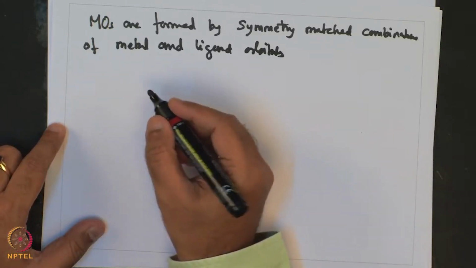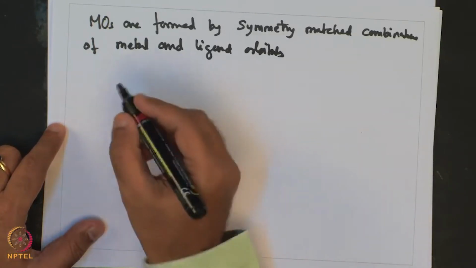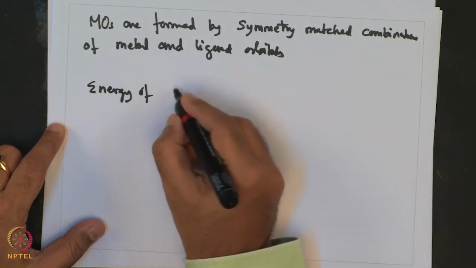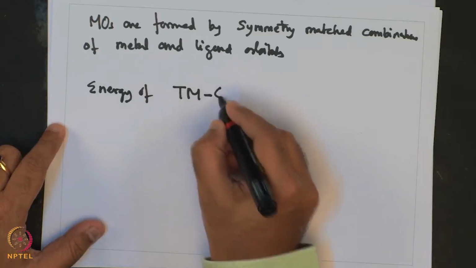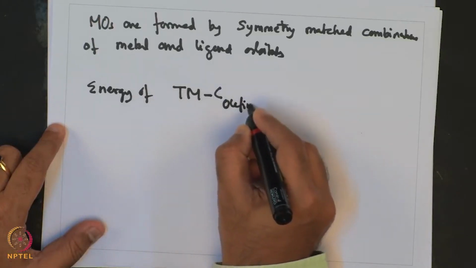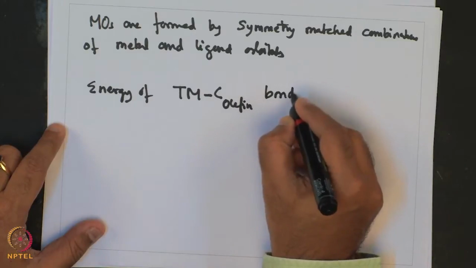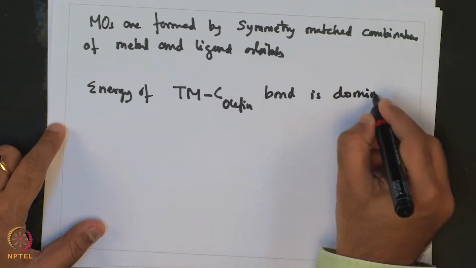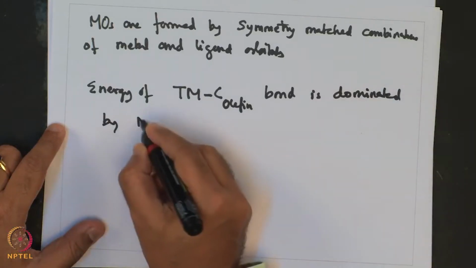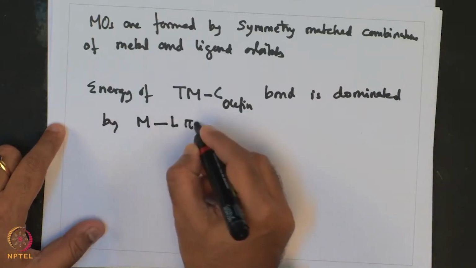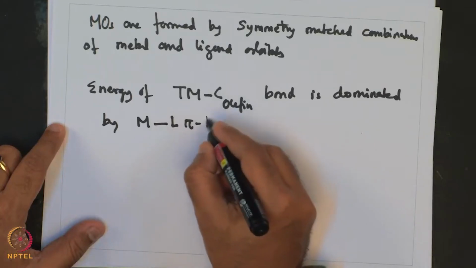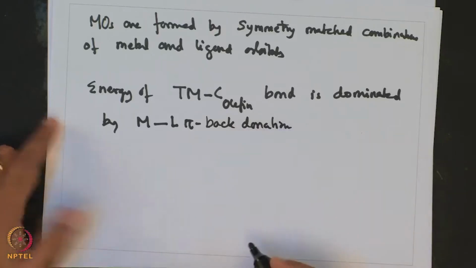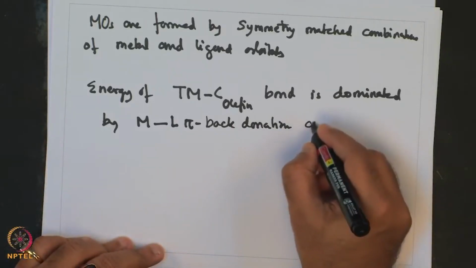So, the energy of the transition metal olefin bond is dominated by the metal to ligand pi back donation contribution.